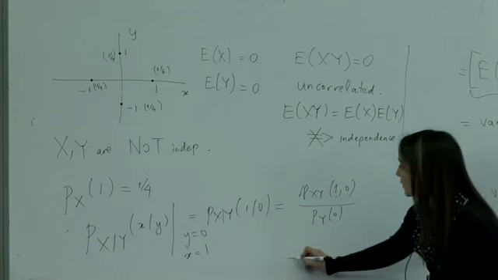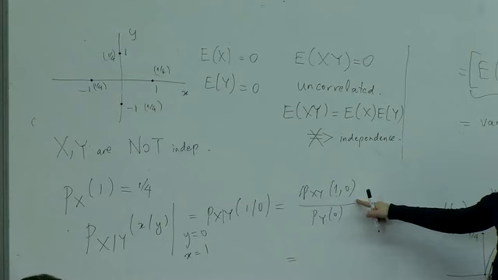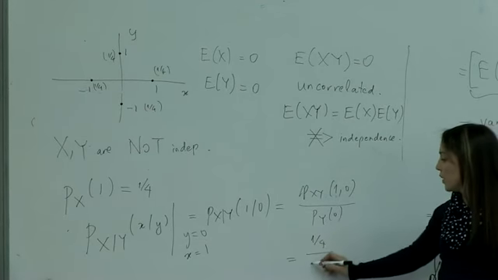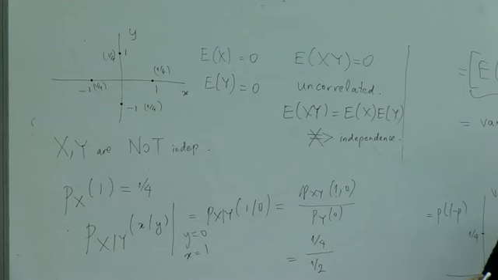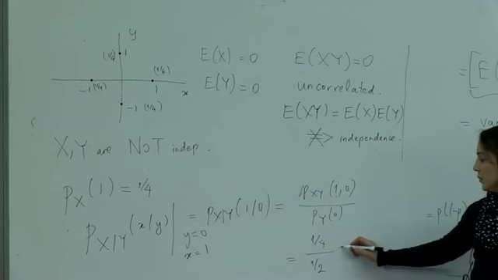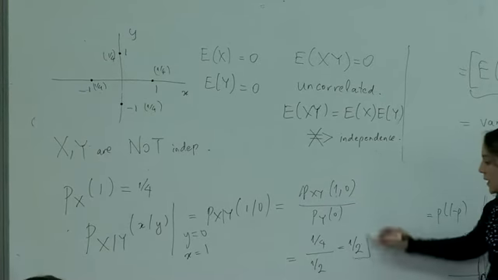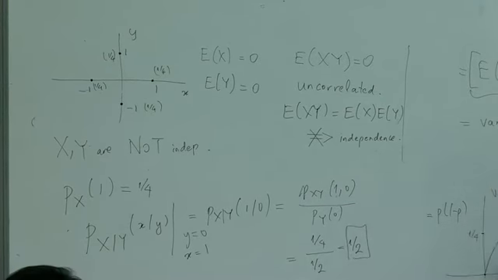So what is the joint probability at the point 1, 0? 1/4. Right? So this is 1/4 divided by 1/2, which is 1/2. Okay? But we also obtained this by inspection.